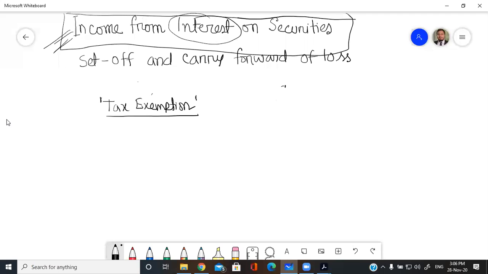So when the interest income is generated, your bank account is credited for that interest income. There are some other people also who have purchased shares in the stock market, and when the issuing company pays dividend, their bank account gets credited for that dividend income.